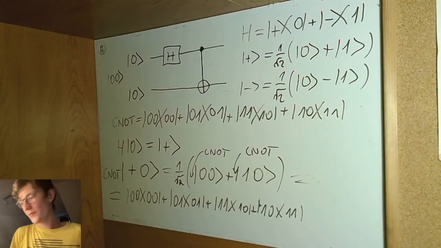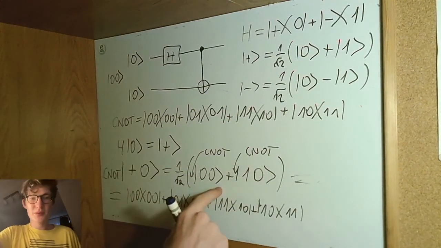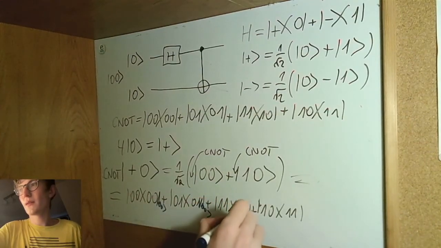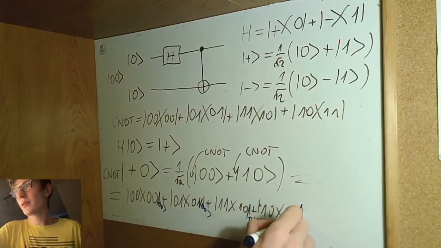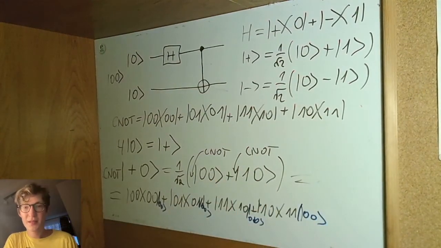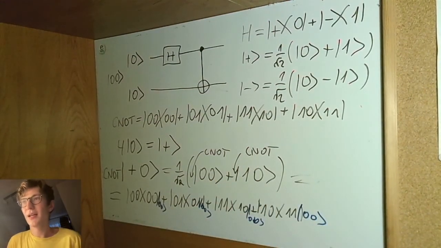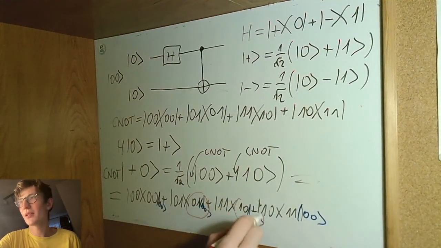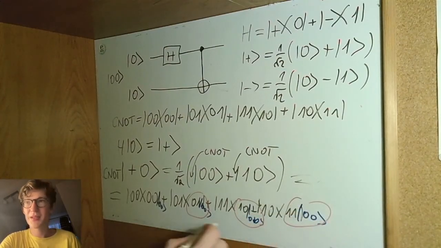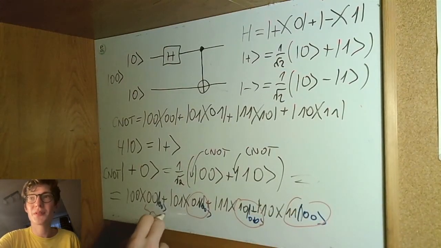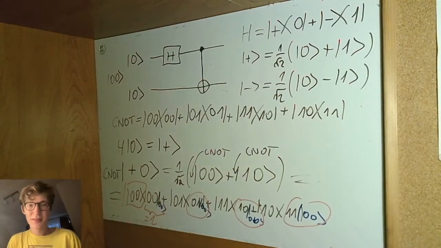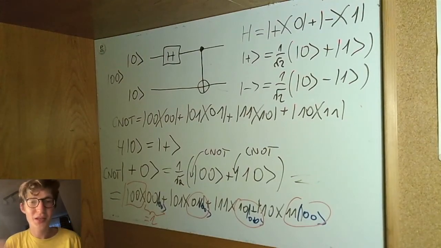We will have these dot products everywhere, but pay attention that here it's 0 because these states are orthogonal, here it is 0 as well, and here it is 0 as well. So what only survives is this part, which is 1, and we get this 0, 0. That makes sense, because CNOT changes the state only if the first qubit is 1.